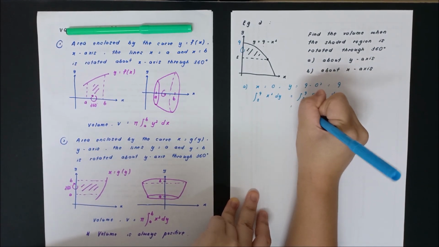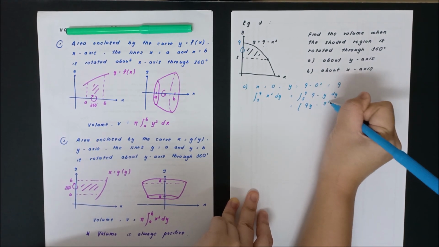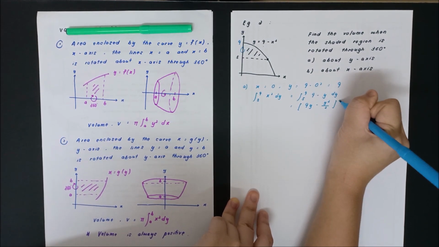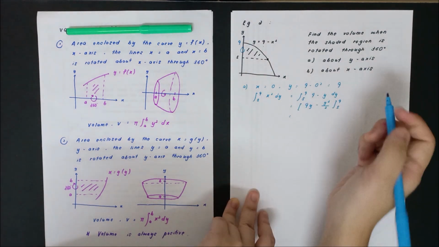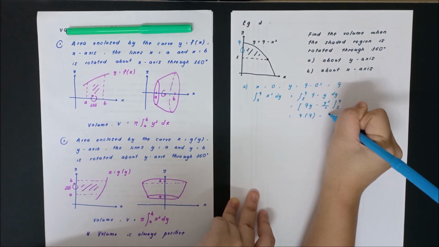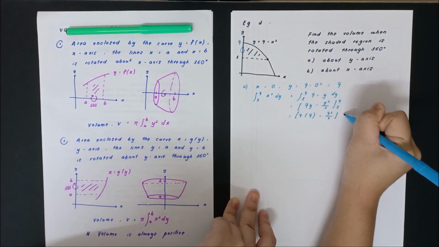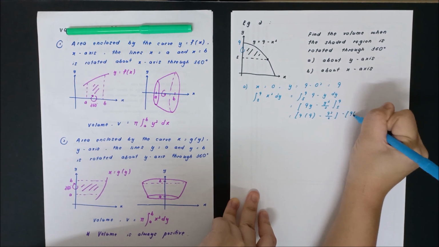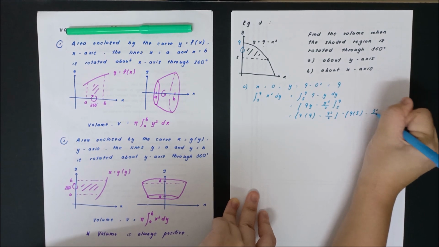I can start to integrate 9y minus y squared over 2, 9, 5. Then now I can start to substitute. So 9 times 9 minus 9 squared over 2 minus 9 times 5 minus 5 squared over 2.